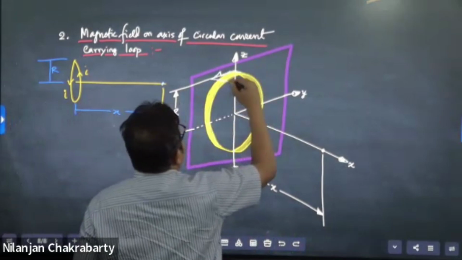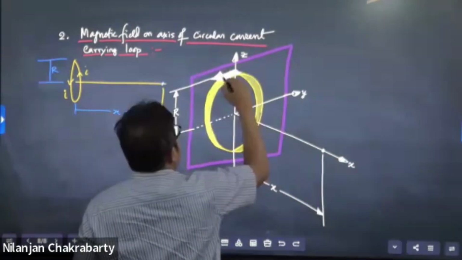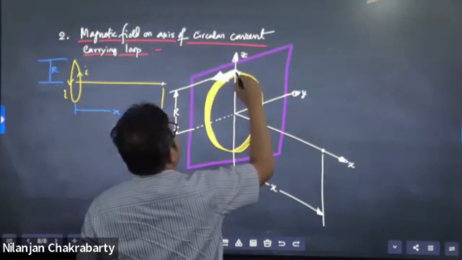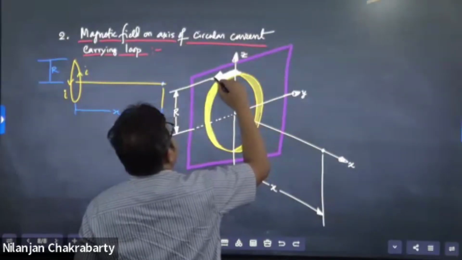The field formula is I R square by 2 into R square plus x square to the power 3 by 2. There is no x on top, there is R square.